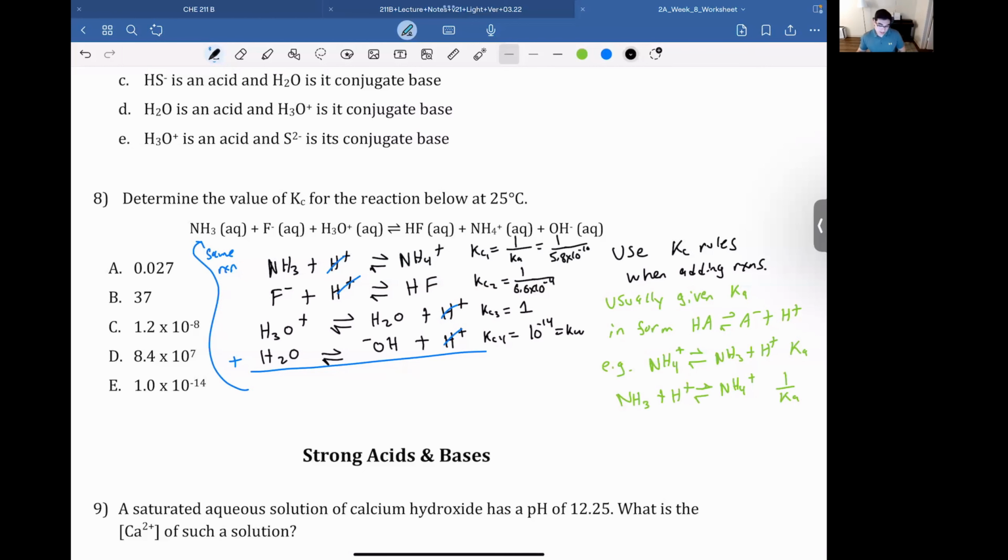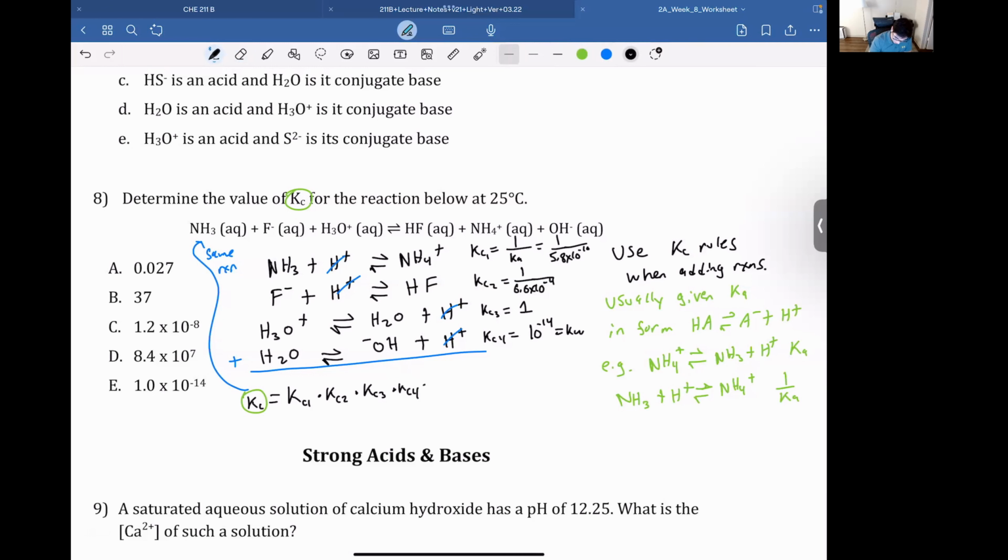Okay. Then for our rules, we know that the K that we want, I'm going to do this in a different color just so we can distinguish them from each other, is going to be all of these K's multiplied together: Kc1 times Kc2 times Kc3 times Kc4.